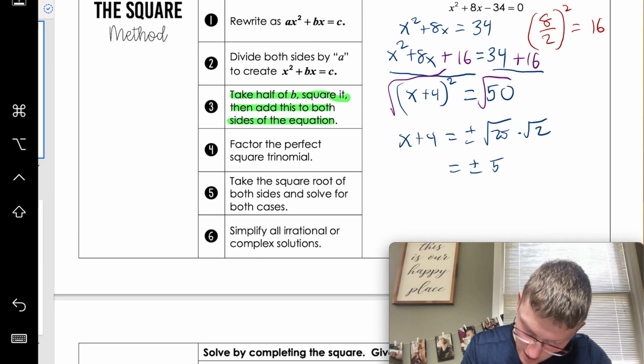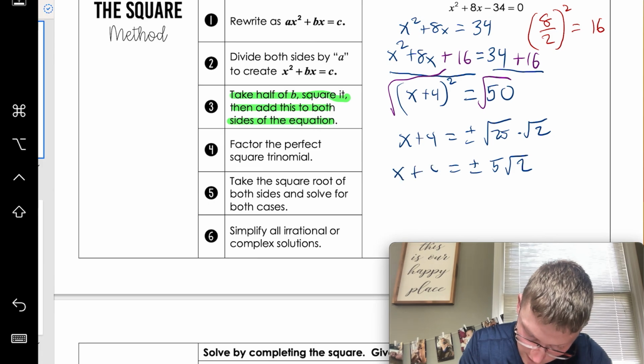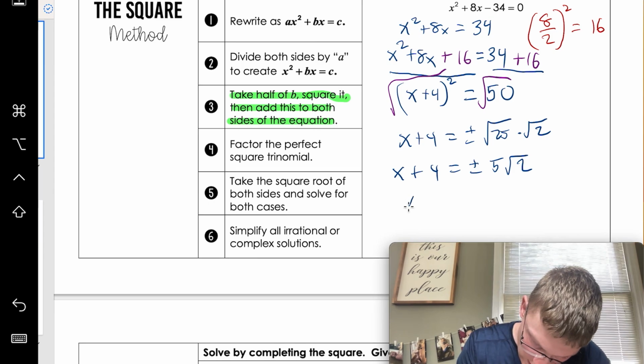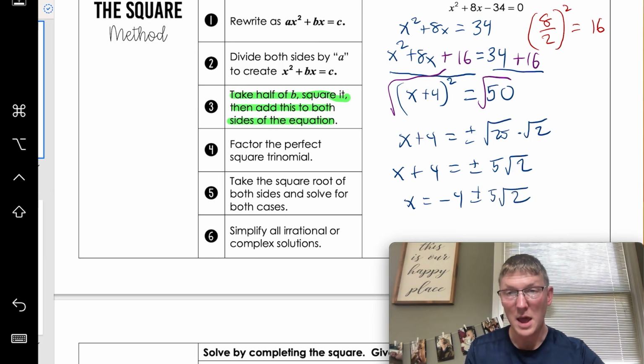So we've got 5 square root of 2. Haven't done anything to the left side of my equation, but we need to solve for x. We're going to move the 4 over. So we're going to have x equals negative 4 plus or minus 5 square root of 2. And that is our answer.